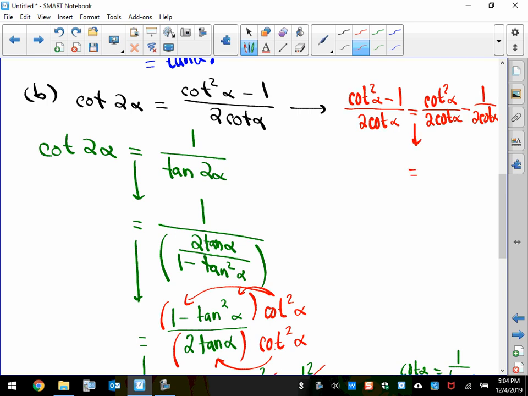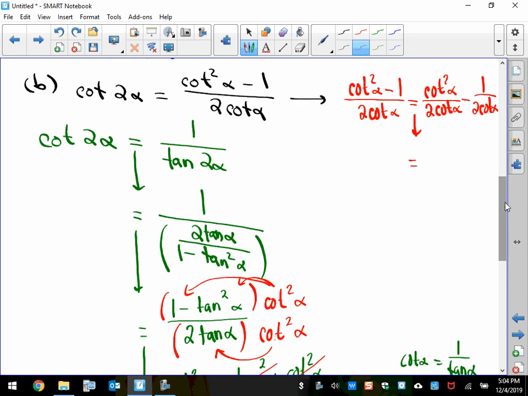Yeah, and then you'll get some cancellation. Maybe that's a good direction to head, and you might be able to arrive at the tangent double angle identity. Eventually, you're going to have to get to the tangent double angle identity to help you. I'm not sure if this way is better. Either way, this one's going to be hard.